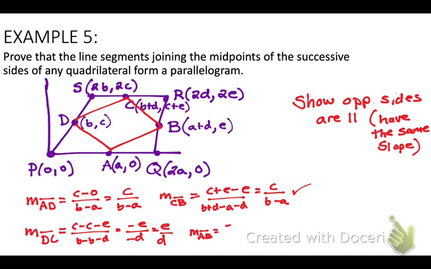I'm just going to go right to it, since we're running out of time. It's going to end up being e over d also. So since my opposite sides have the same slope, we know that they're parallel, which means that it is a parallelogram. We could write something like: opposite sides are parallel, therefore parallelogram. Running out of space.